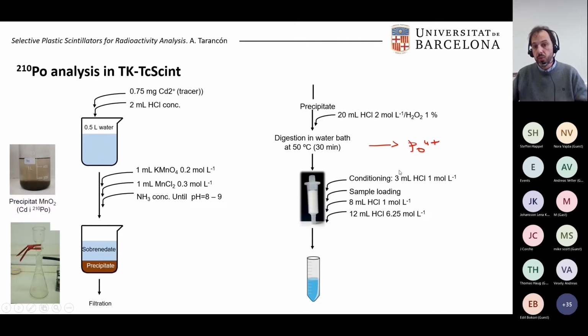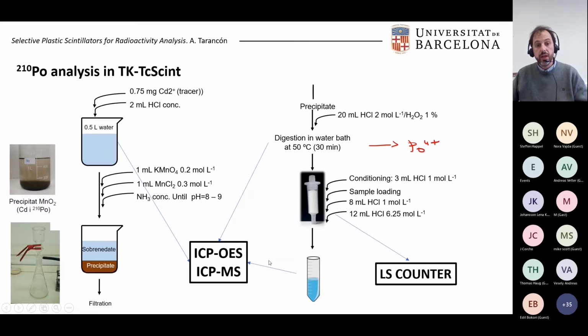And finally, we pass the sample through the column in this hydrochloric acid medium. The column is measured directly in the liquid scintillator, and the different liquids of the treatment are measured by ICP-OES and MS to determine the cadmium recovery.